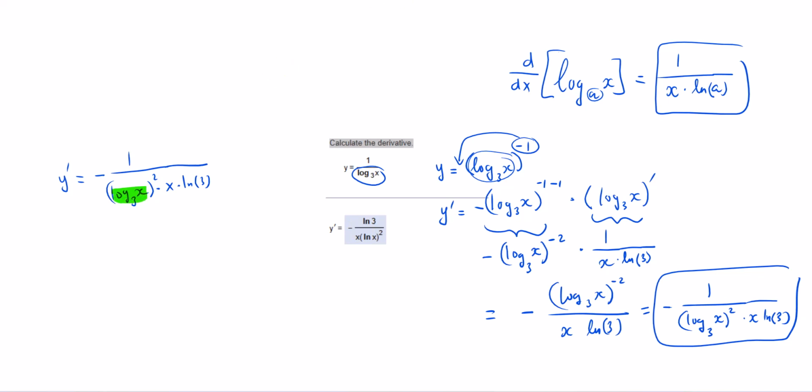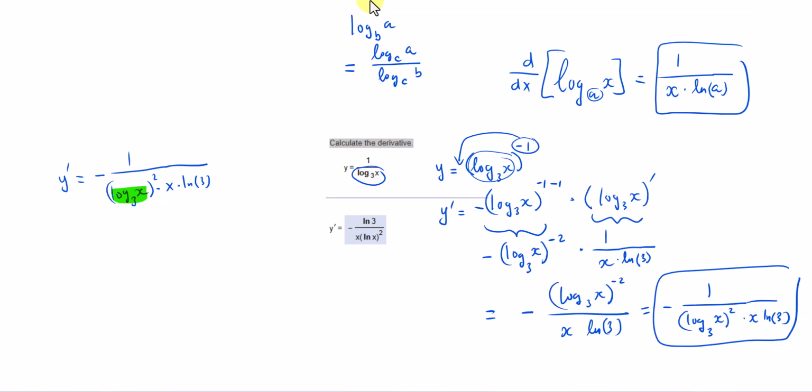Recall the change of base formula. If we have log of base b of a, then this is equal to, using the change of base formula, you can borrow another log base c of a divided by the log base c of b, right?